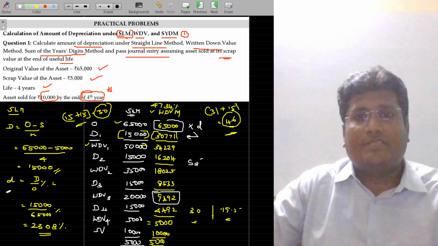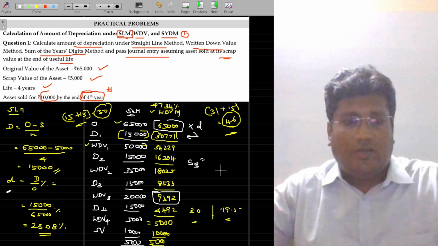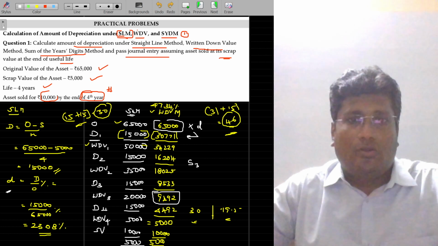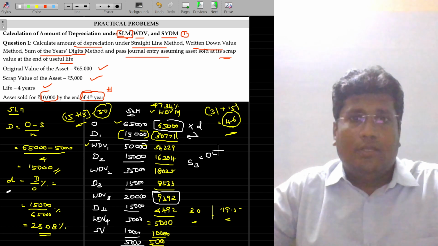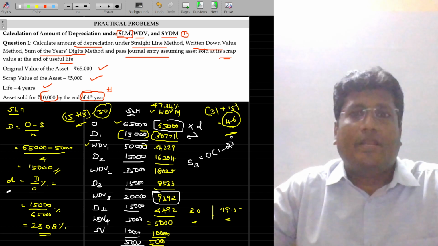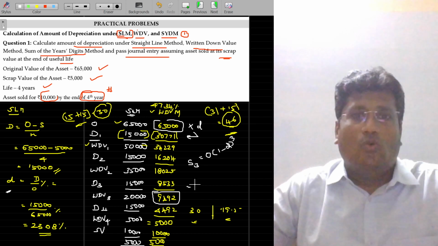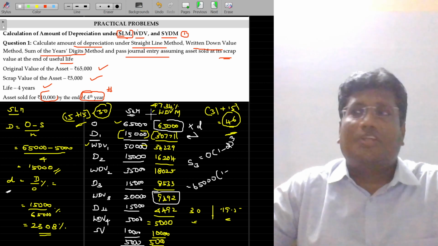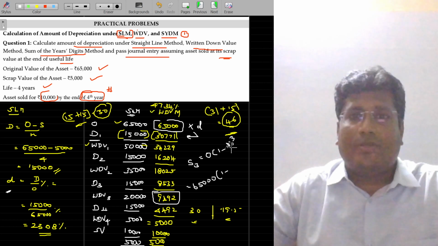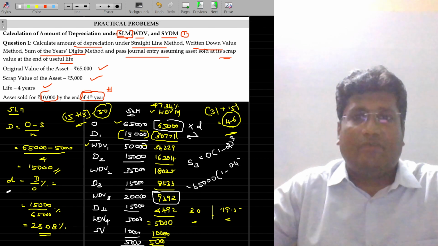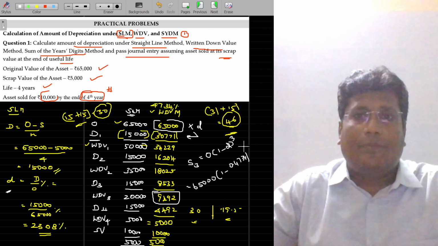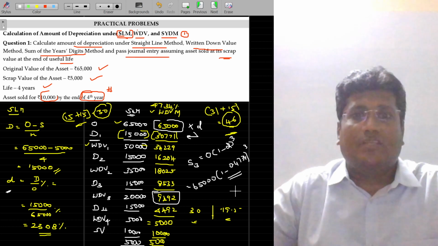S for the third year is equal to O into 1 minus D to the power 3. O being 65,000, into 1 minus D is how much? 47.34%. I can represent that as 0.4734 to the power 3. Come on, get me this value.